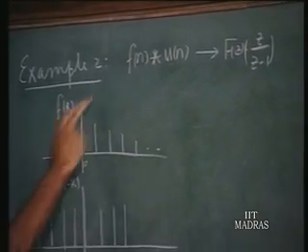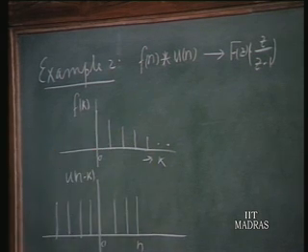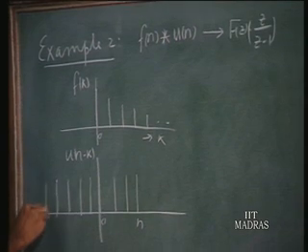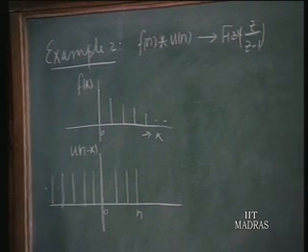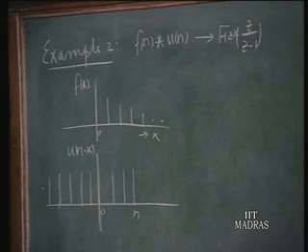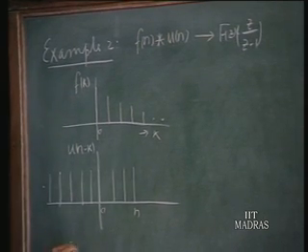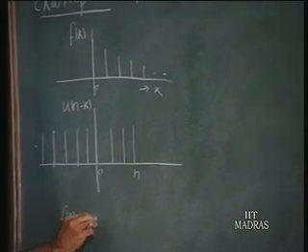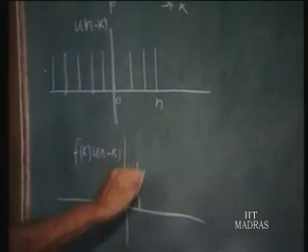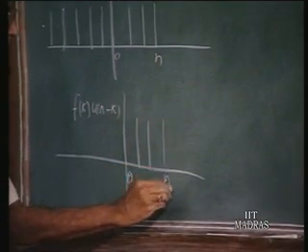If f(k) is a sample train like this, u(n minus k) would be a negative going step starting at n and going backwards. So f(k) times u(n minus k) will be the set of samples starting from k equals 0 to n.